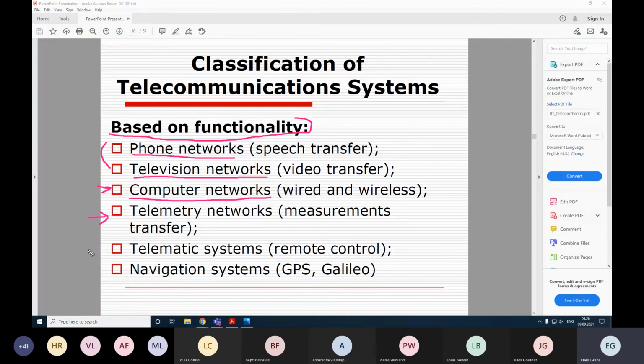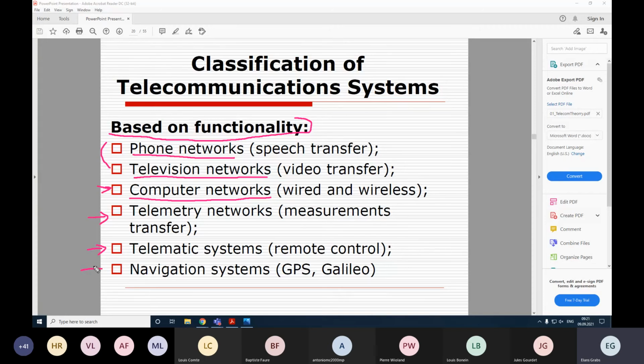There are also telematic systems, which, in simple words, are a remote control. Imagine that you have some drone, for example, which you can control from your computer. This is a telematic system which sends information from your computer to the drone.